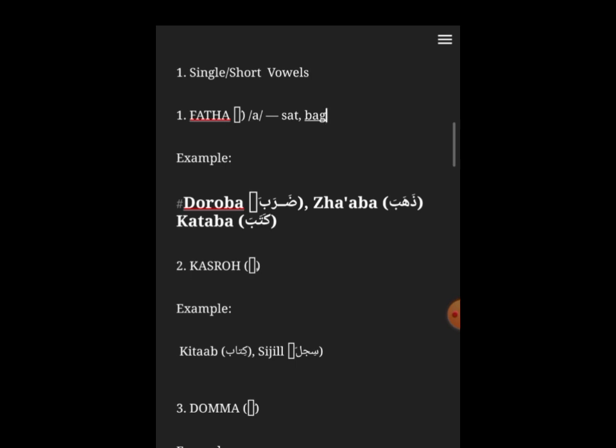But why does it sound o when it comes to bo? Of course, it's quite simple. The letter is pronounced heavy, and when you pronounce it, your lips form a round shape, an O shape. Definitely, it's going to affect the fatha sound. So that's why it becomes bo or ba.